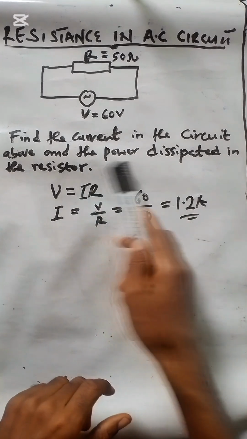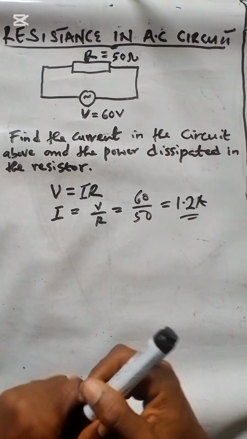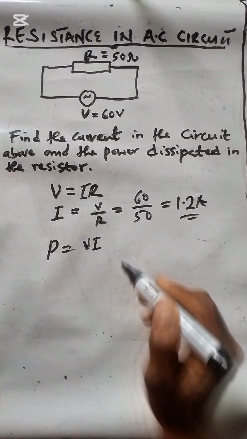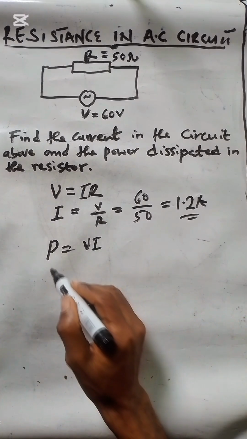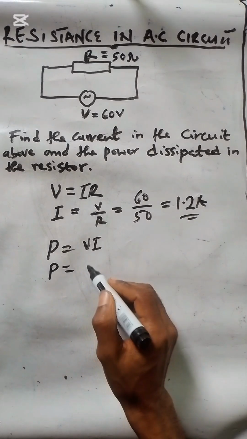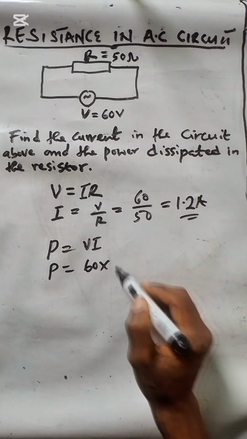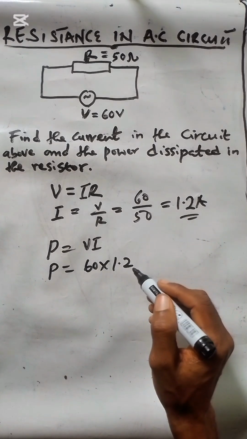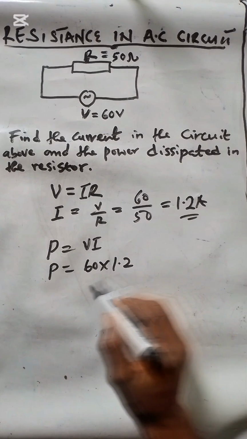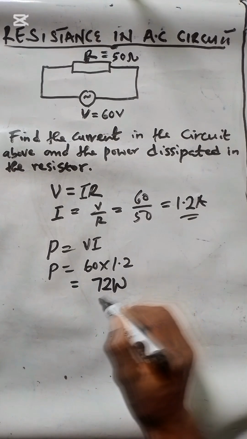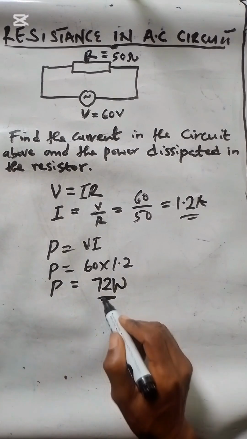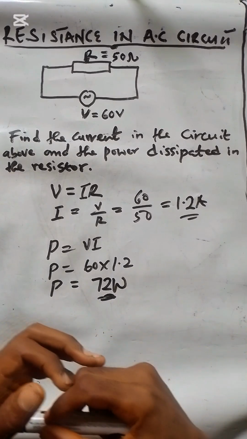Part B asks for the power dissipated in the resistor, P equals VI, voltage multiplied by current. So our voltage is 60, our current is 1.2, which gives us a power of 72 watts. Take note of that. I think that is simple.